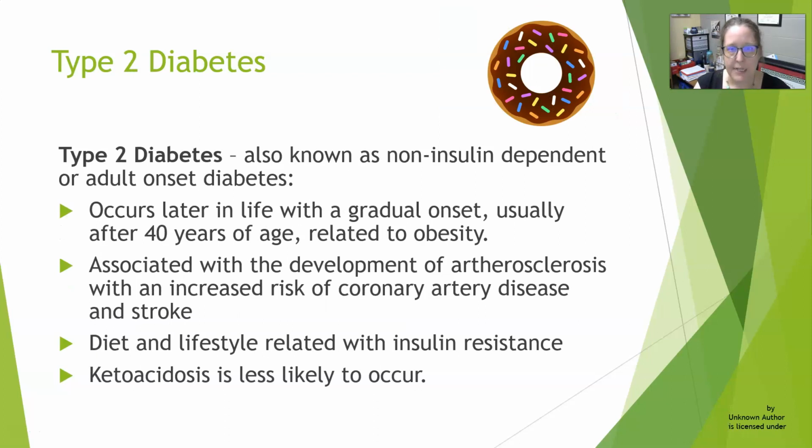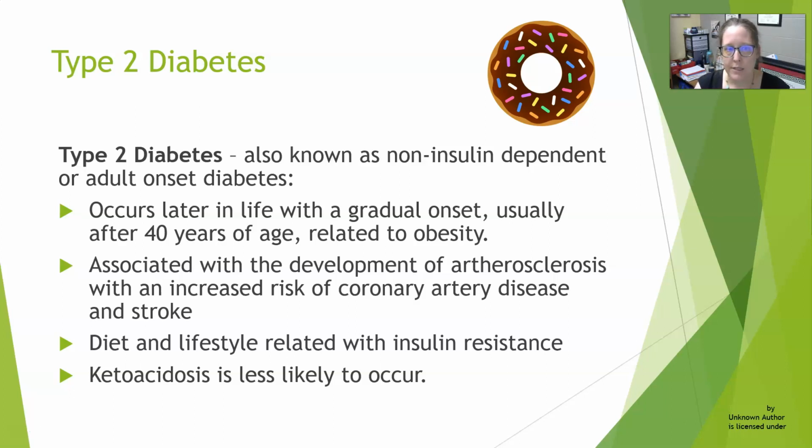Type 2 diabetes is also known as non-insulin dependent or adult onset diabetes because it occurs later in life with a gradual onset, usually after 40 years of age, and it is related to obesity and lifestyle for sure. A typical standard American diet can definitely lead to type 2 diabetes and obesity.